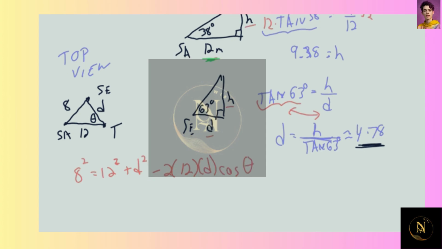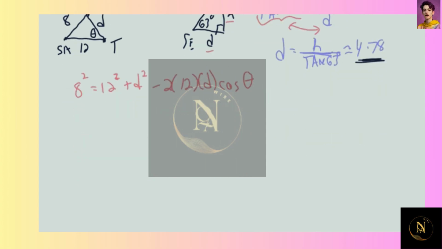All right, and so let's look at this. So I'm going to have this 8 squared. So all of this is connected with multiplication. So I'm going to save that for a second. And I'm going to go ahead and subtract 12 squared from both sides and d squared from both sides. So 8 squared minus 12 squared minus d squared. Okay, and then this negative 2 12d is connected to the cosine with multiplication. So I'm going to divide both sides by that.